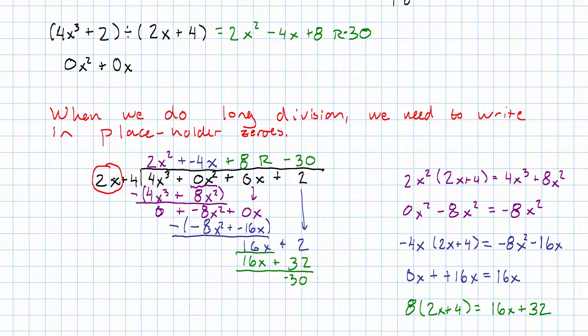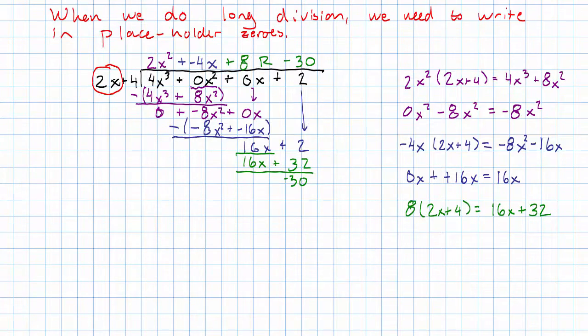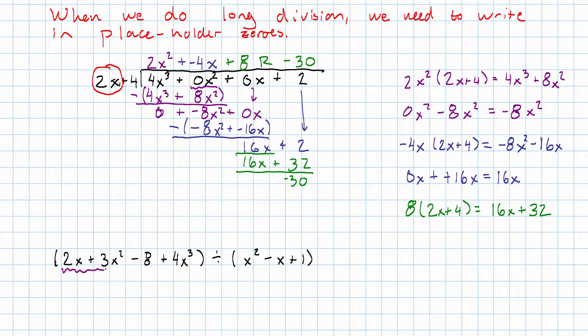Here's another example of something that can go wrong with this sort of polynomial long division. Let's say we wanted to divide these two polynomials. The thing that you'll notice about my dividend here is that the terms are not in any particular order. Right, you'll see that the x squared term comes after the x term, the x cubed term comes at the end.